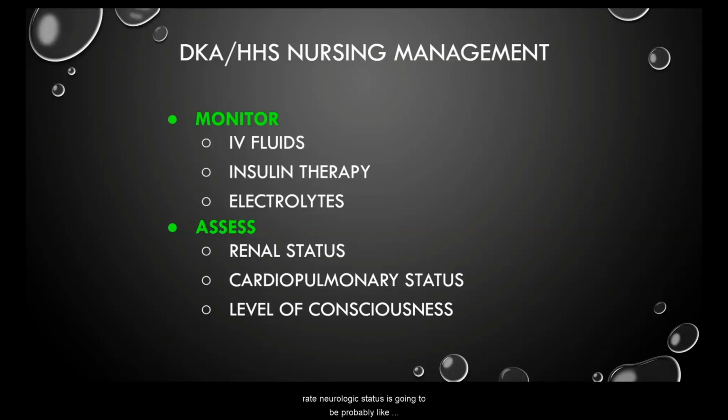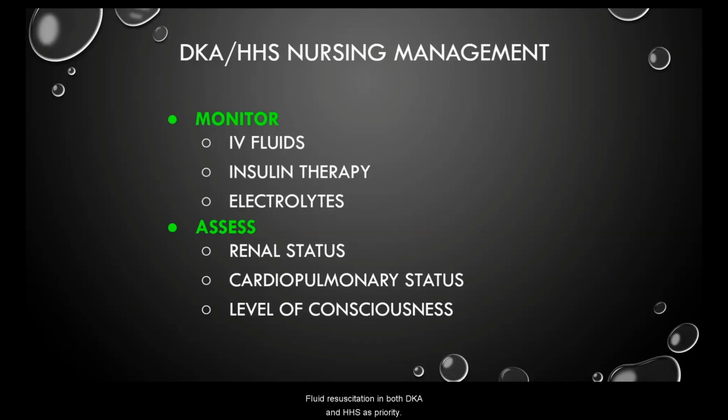Neurologic status is probably initially a Q15-minute evaluation or eventually, maybe every hour, every couple hours. But we're looking at their level of consciousness, their orientation, looking for any changes in their mental status. Signs of further dehydration, further volume depletion, is there skin tenting? Are their mucous membranes dry?